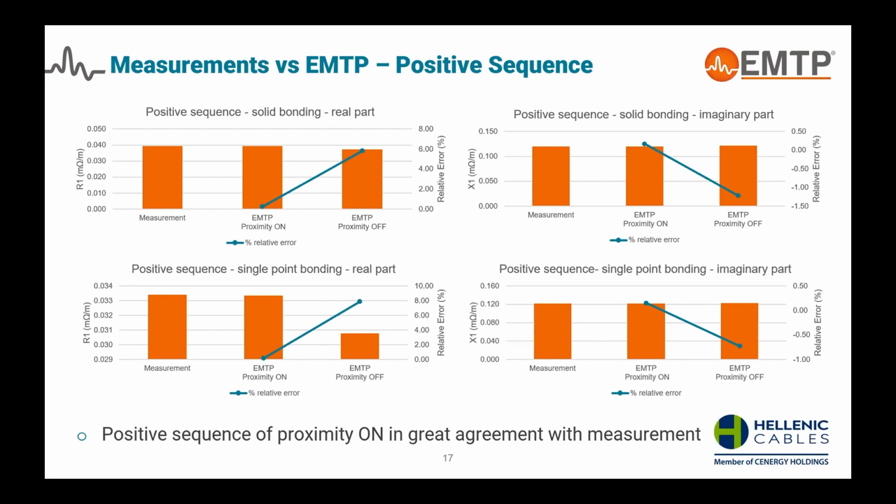Here we can notice a very good agreement between measurements and simulation when proximity effect is on. And this is very important because this value here represents the losses in the unarmored sample.